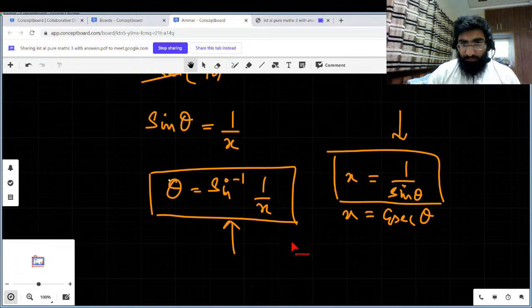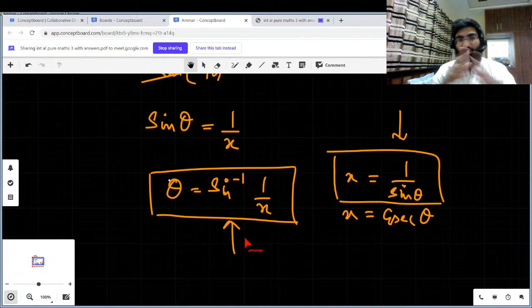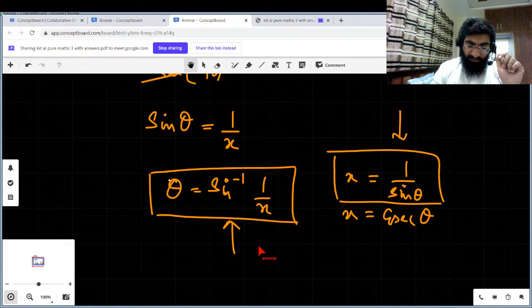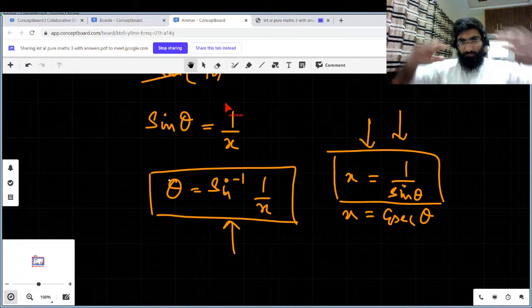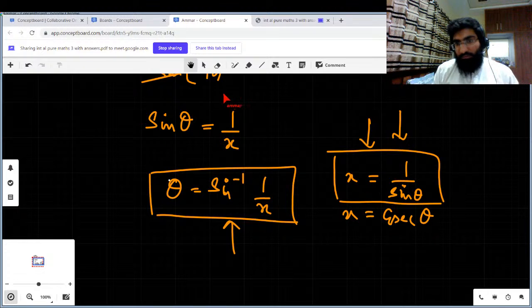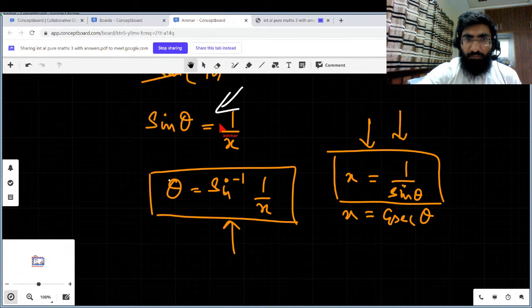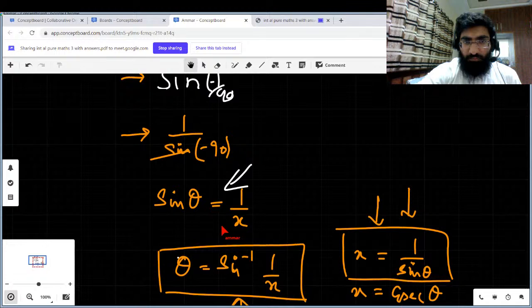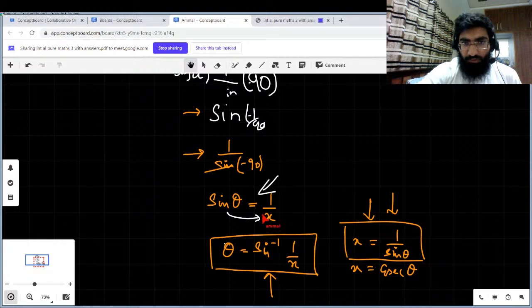I already know that this is different. When I do sine inverse, I find out the value of theta. When I do 1 over sine, it has got a graph of its own, which is on top of the sine graph. So when I did these types of questions, I always thought that I'm doing 1 by sine.